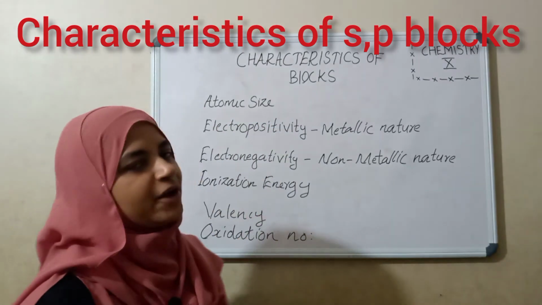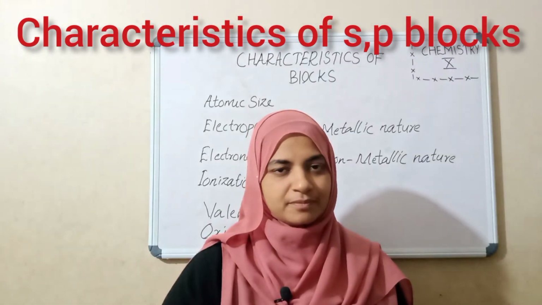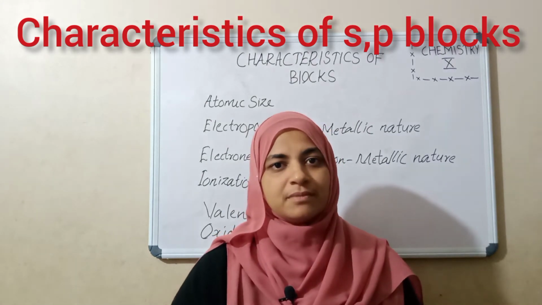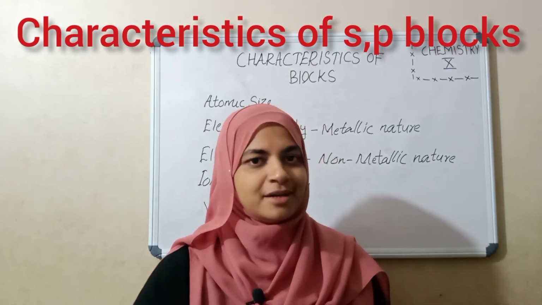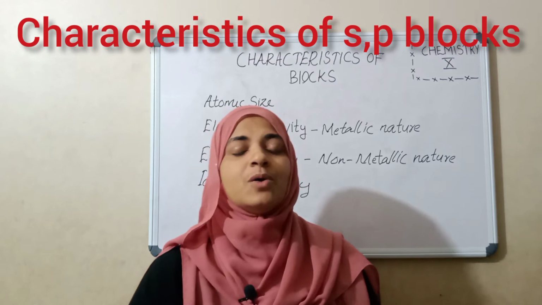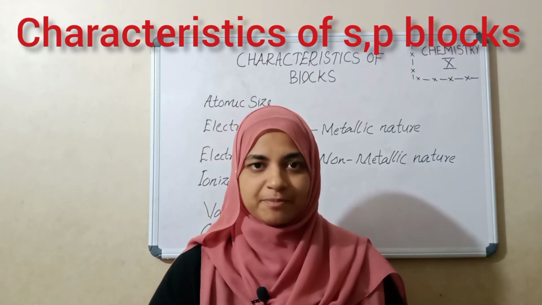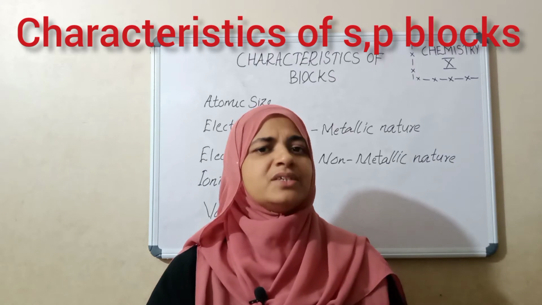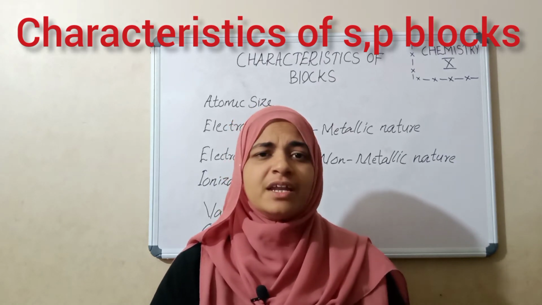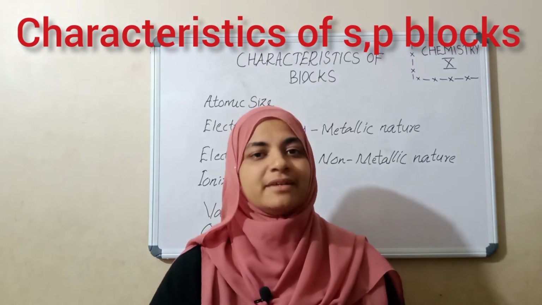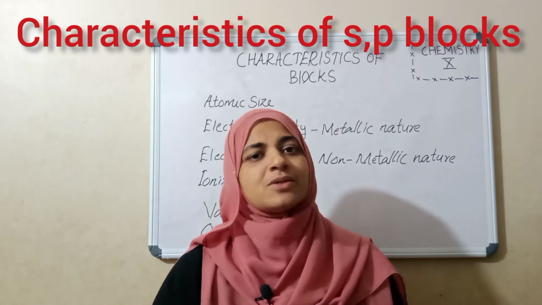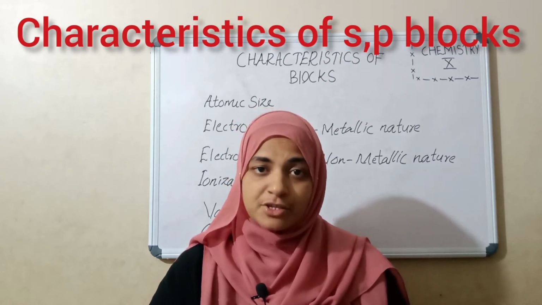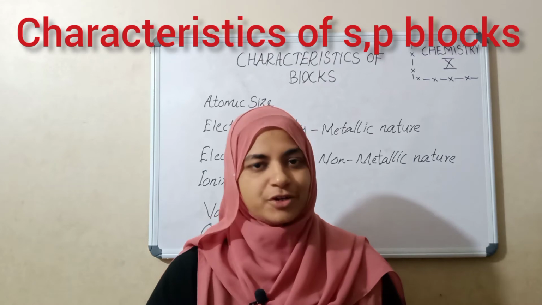Next one is ionization energy. It is the energy required to liberate a loosely bound electron from the outermost shell. This ionization energy is very low for metals because metals already tend to liberate electrons.